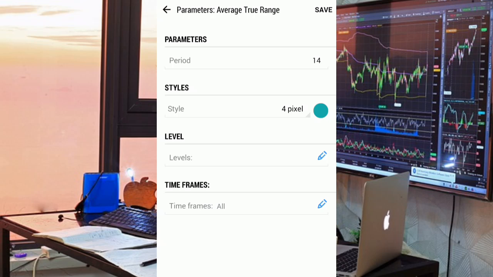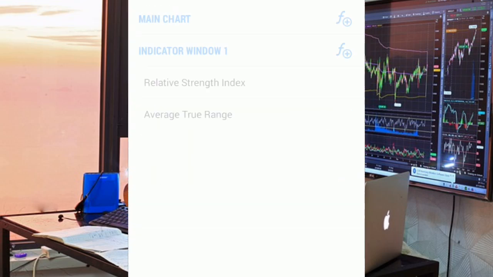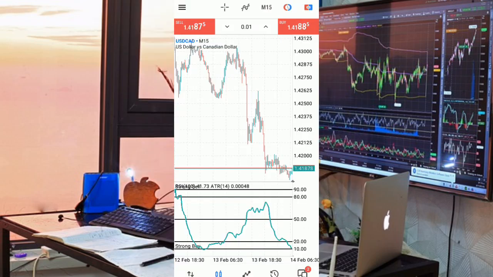For the ATR, I want us to enter period 14, make it 4 pixel, any color you want, and then make sure all the time frames are there because we're going to need that. And let's click save. So that is how we are able to get these indicators over here.